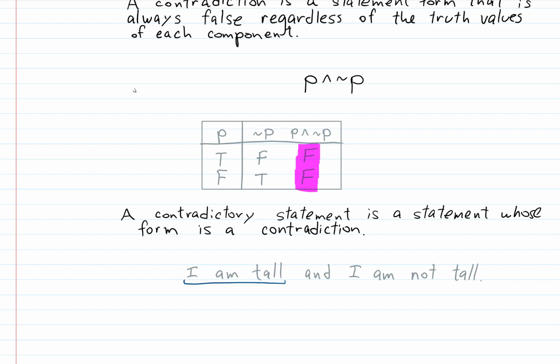If I use P to represent I am tall, then this would be the negation of P, and that sentence is the form of a conjunction of P and its negation, and that statement form is always false, so it's a contradiction. So that statement is a contradictory statement.